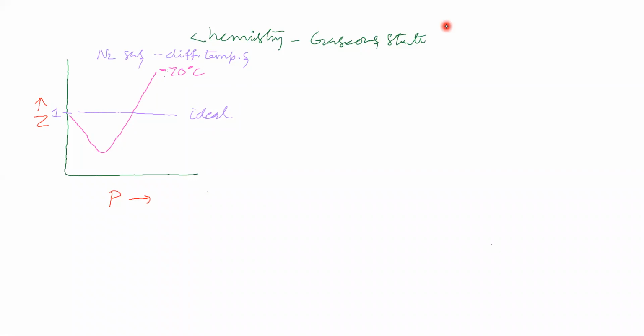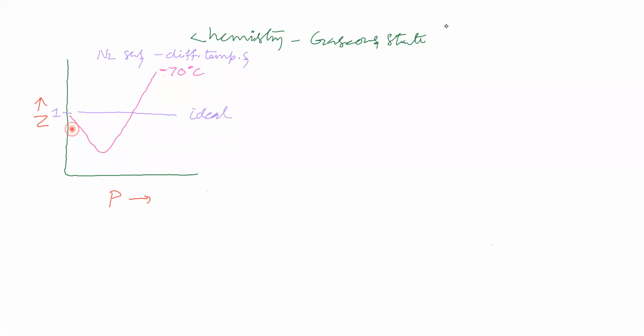So if we go like this, in this graph Z is less than 1, Z goes on decreasing, then increasing. Here Z is greater than 1, Z goes on increasing. This part comes under negative deviation, this part comes under positive deviation.